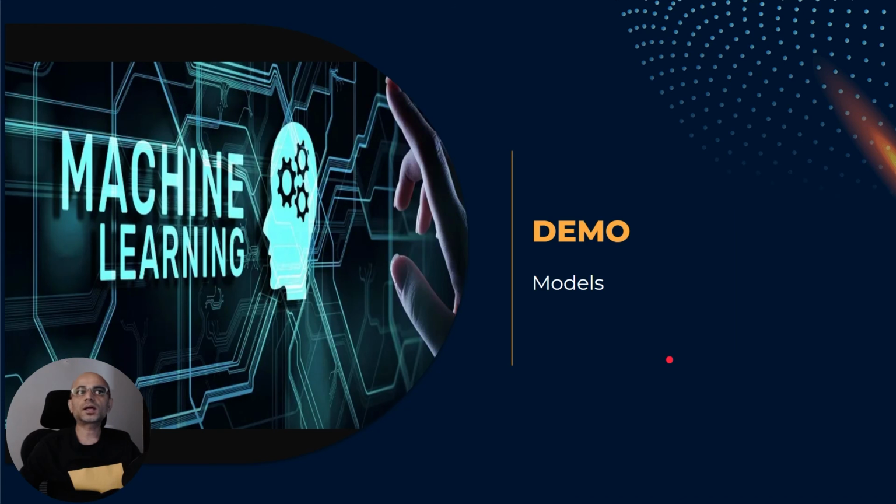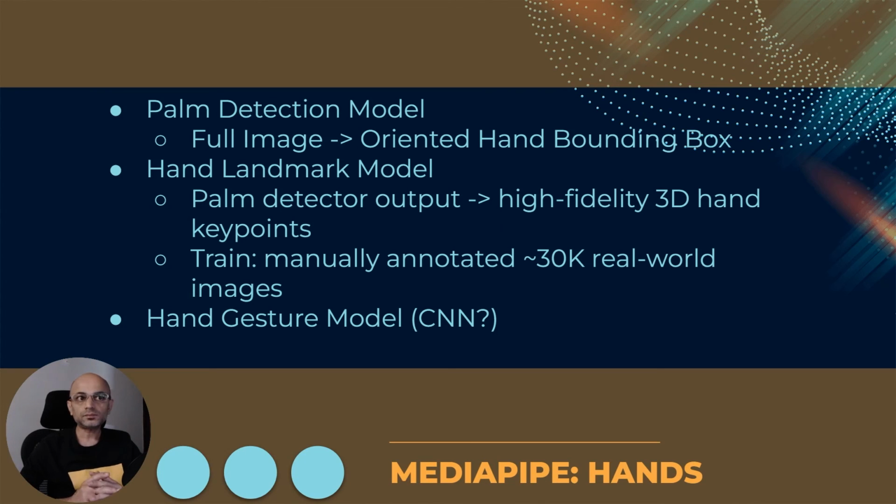So now let's come back to our demo and look at the models. Our MediaPipe Hands that we used for the demo used 3 different models. The palm detection model, given a full image captured from our webcam, should try to find the oriented hand bounding box.